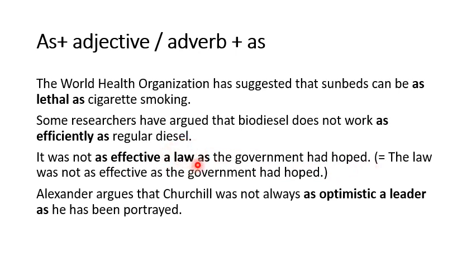So the subject here is a law, and we add it after a, after the adjective effective. The sentence is: it is not as effective a law as the government had hoped, or as the government expected. It is not as good as the government expected.